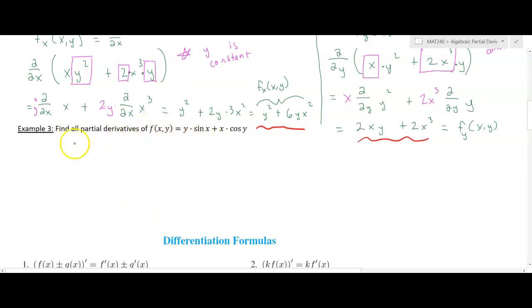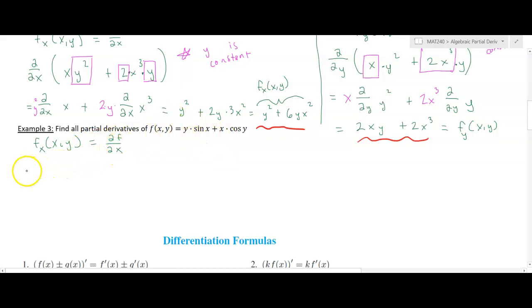Here, we want to compute f sub x, or in other words, the derivative of f of xy with respect to x, alternatively written as df dx. And you can see I'm really emphasizing that there are multiple notations that we can use here. And which notation you use is really dictated by the context and what source you're using.